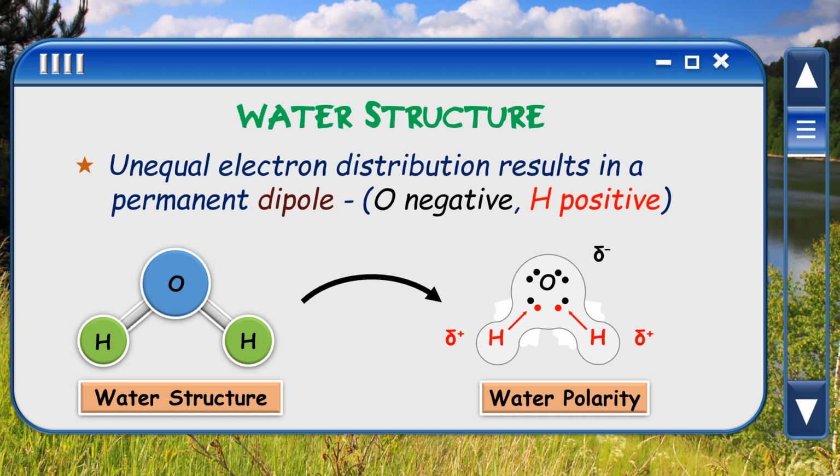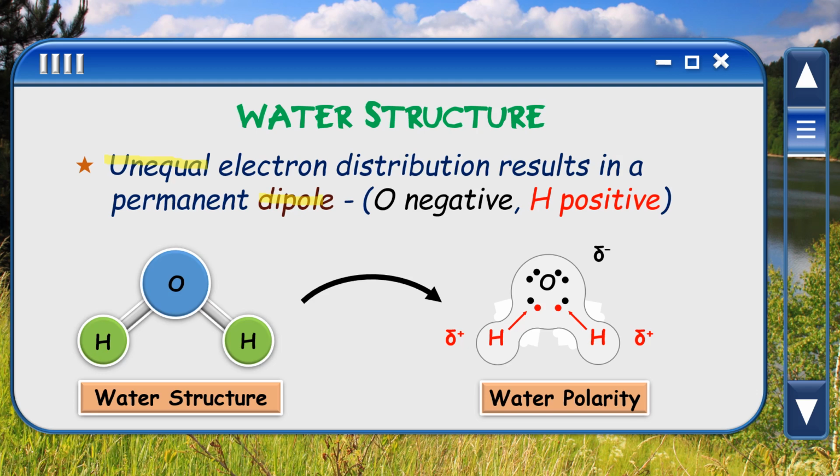The unequal electron distribution results in a permanent dipole. A dipole is where we have the charges, the polarity.